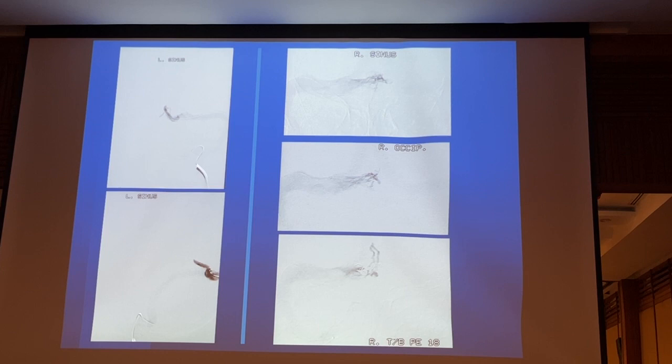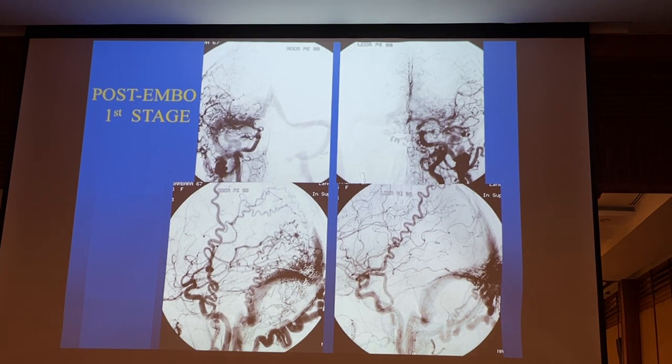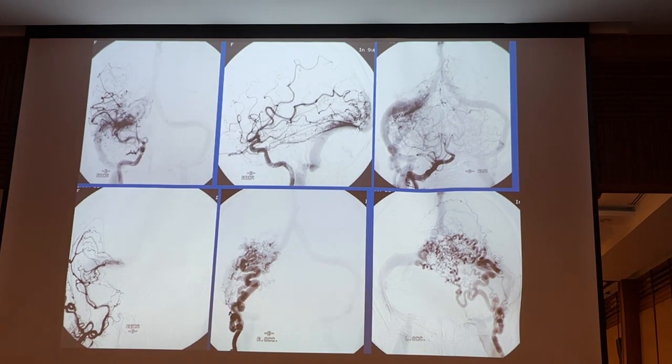We treated transvenous, and getting into the arterial side first stage, we closed off multiple holes, but unfortunately this was remaining. At the second stage, you can see this persistent supply coming from the posterior cerebral artery.